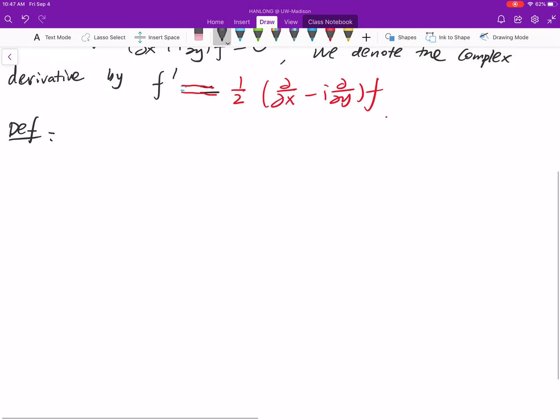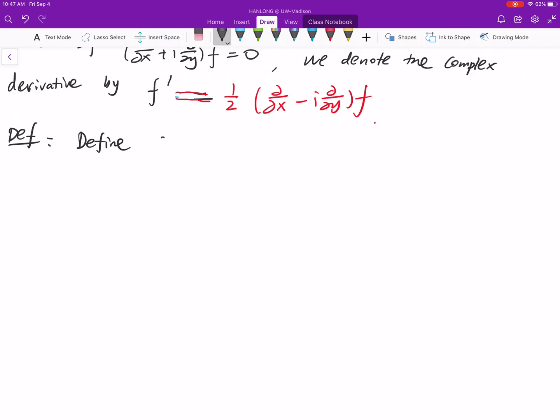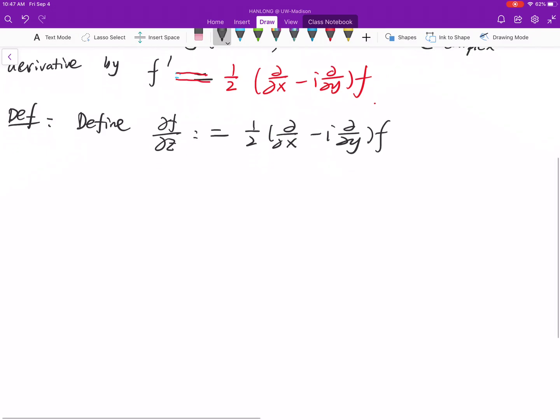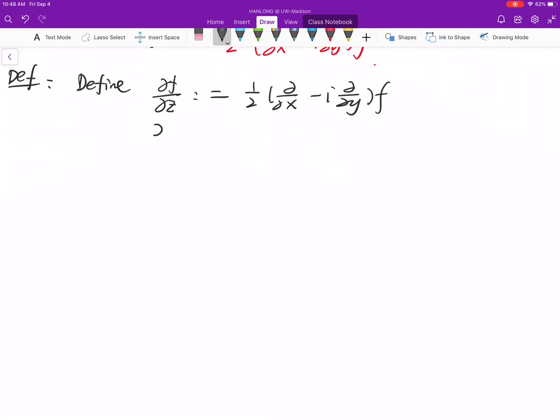So we define partial f partial z by 1/2 (partial x minus i partial y) f, and partial f partial z bar defined to be 1/2 (partial x plus i partial y) f.